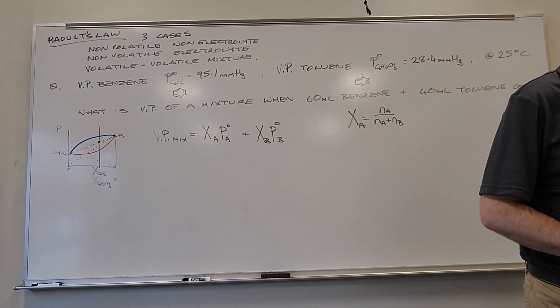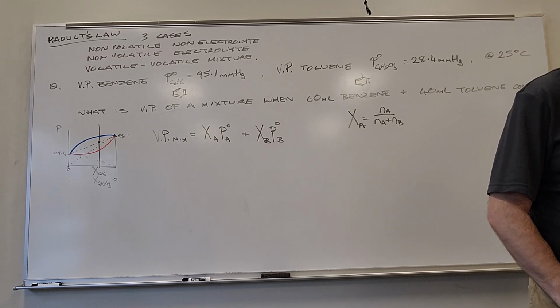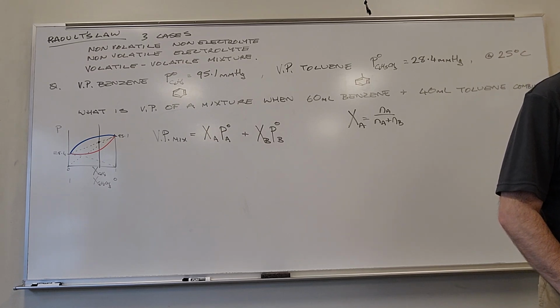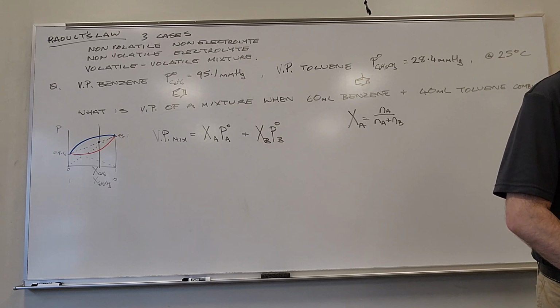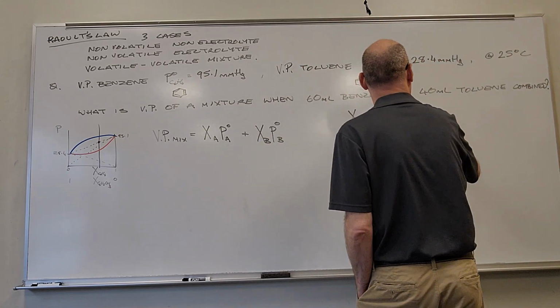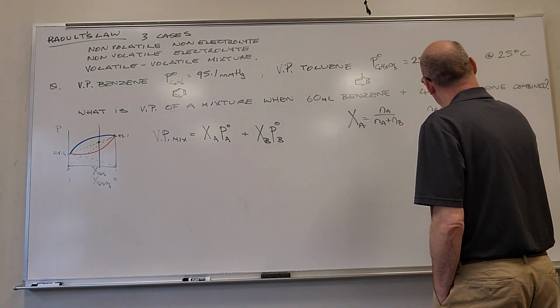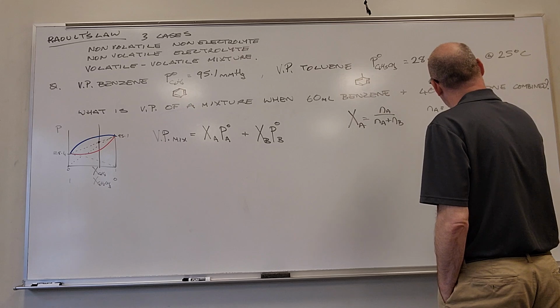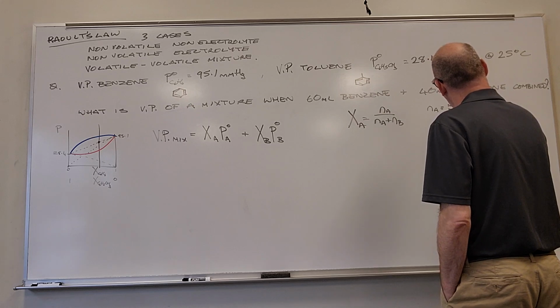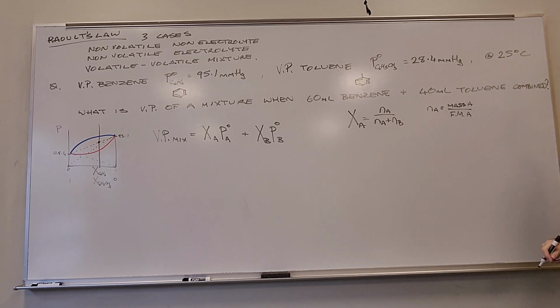Wait, is it because we know that milliliters can convert to grams? Yeah, but they're moles. So moles, right? The number of moles of A is the mass of A divided by the formula mass of A. We don't have mass in our question.